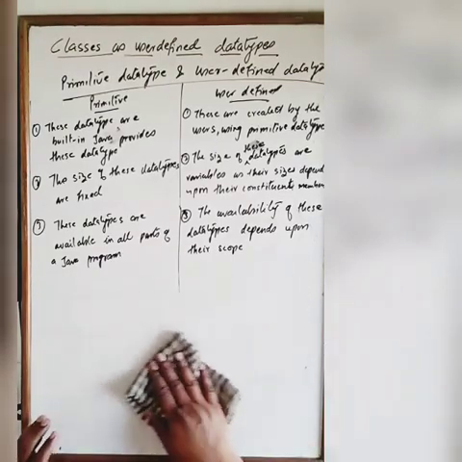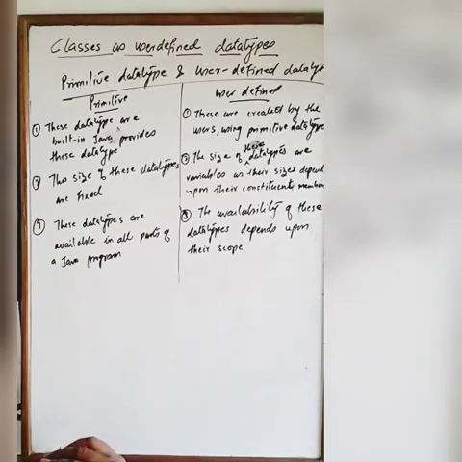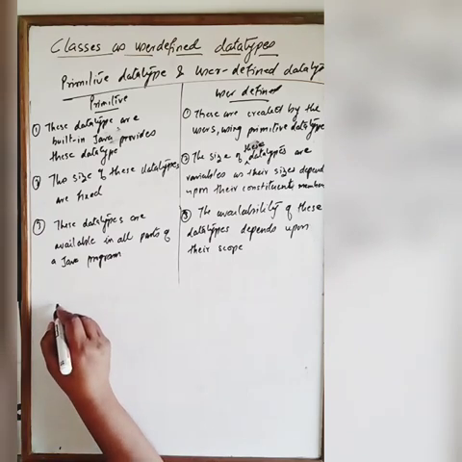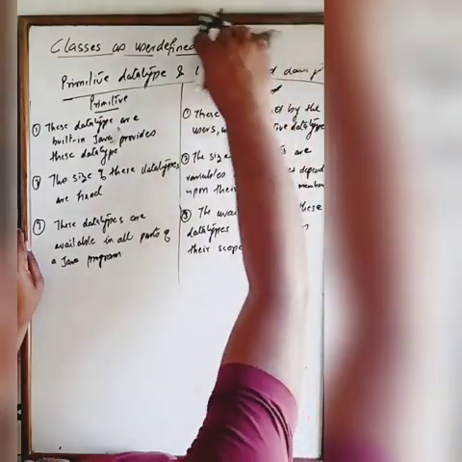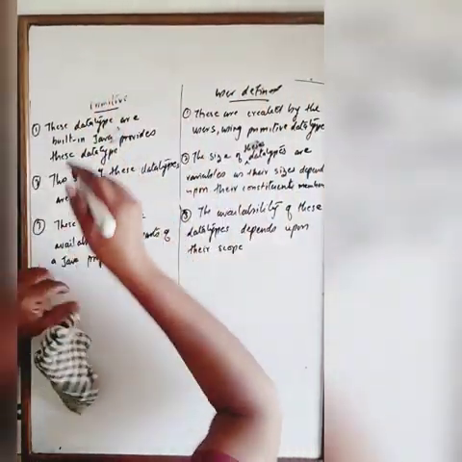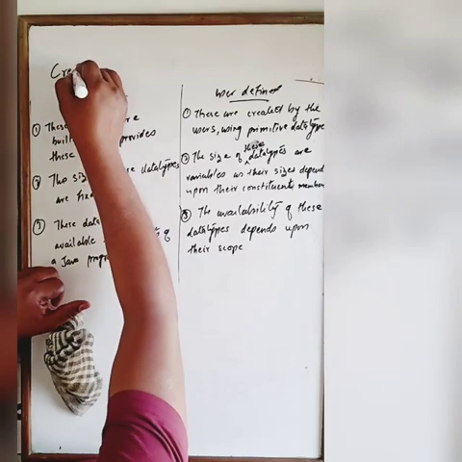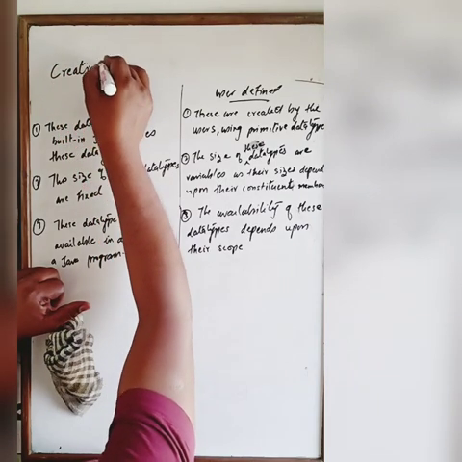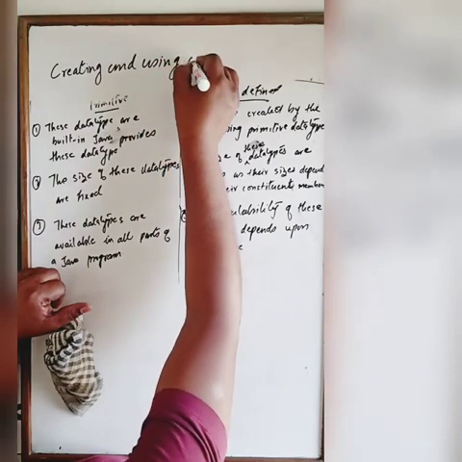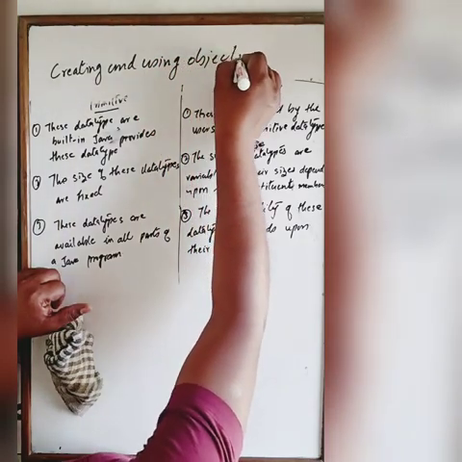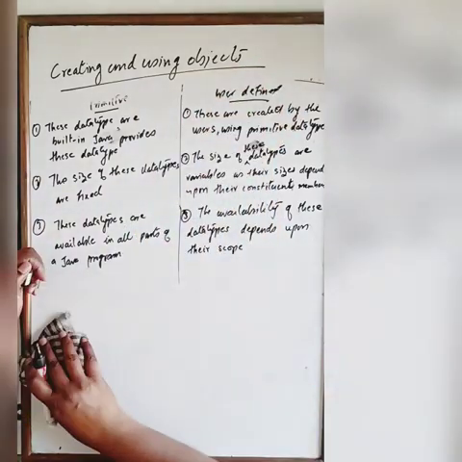Okay, class. Now, two things we have seen. Definition we have seen. Example we have seen. Now we'll see creating and using objects.